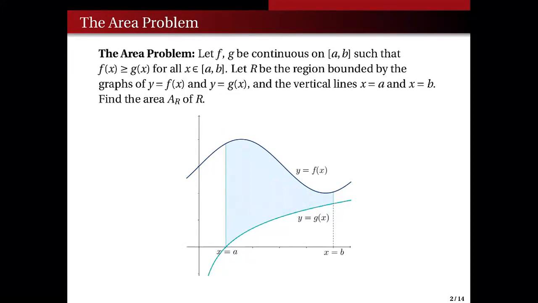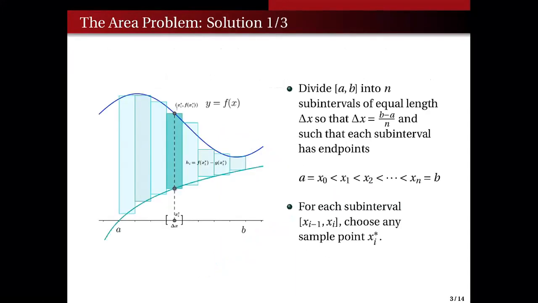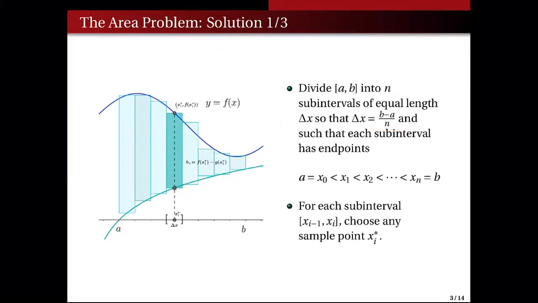To do this, the methods that we'll be using have been discussed so many times before, so you should be familiar with this method. The first step is we divide the interval [a, b] into n subintervals of equal length, so that delta x is equal to b minus a over n.